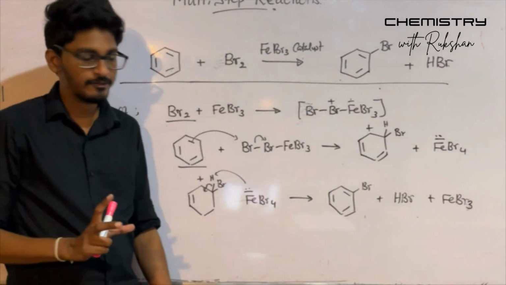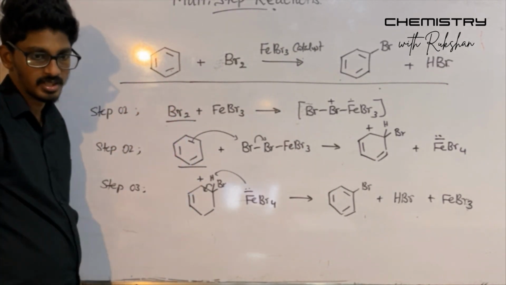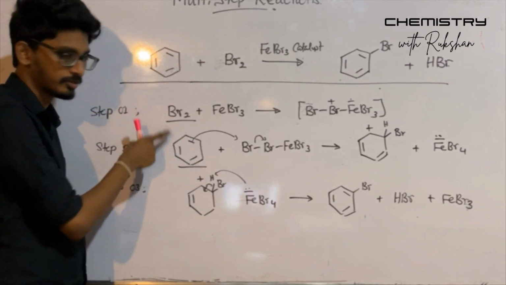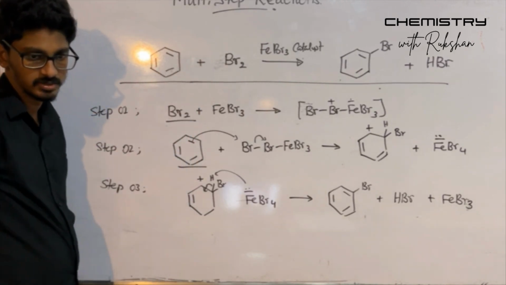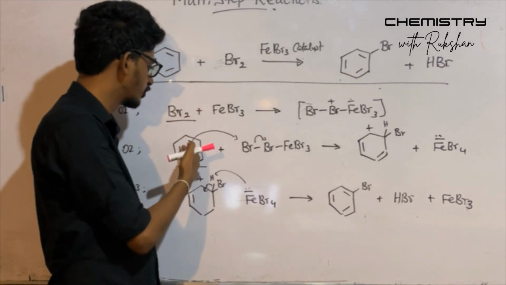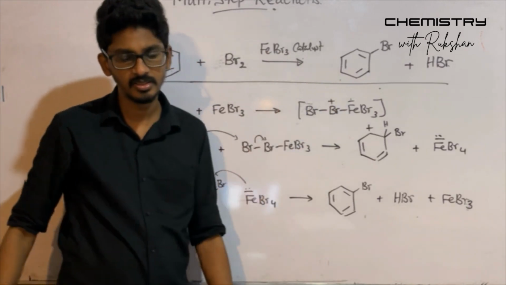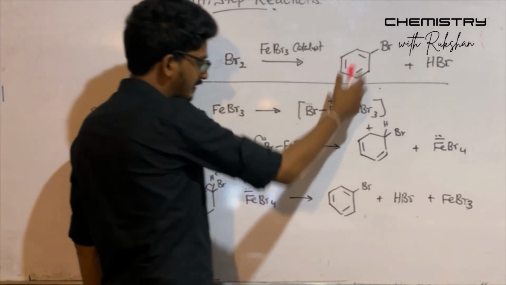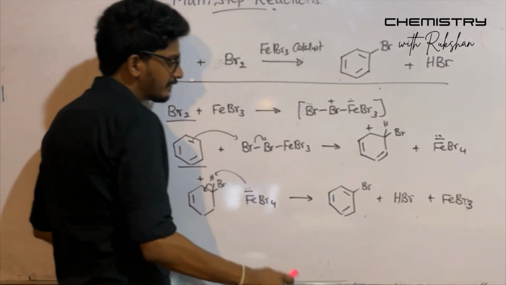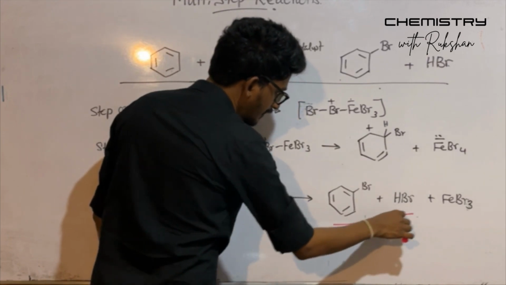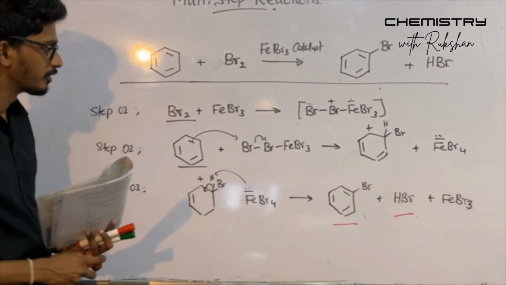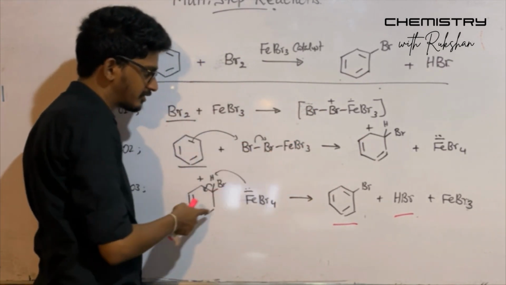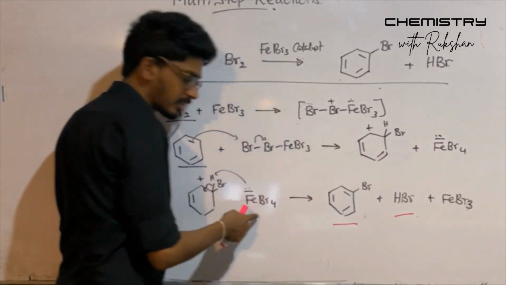So if you add these three elementary steps, at the left hand side you get only these two guys, which are not going to cancel off. You don't see any Br2 or benzene appearing at the right. If you examine the right hand side, only these two will remain, because this right hand guy will cancel off with this one, and this thing with this one, and this thing with this one.